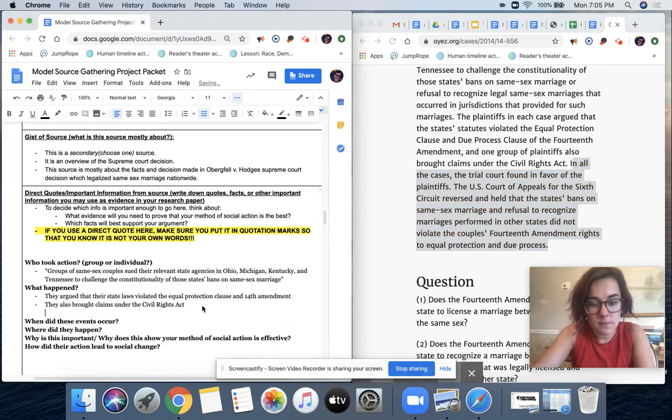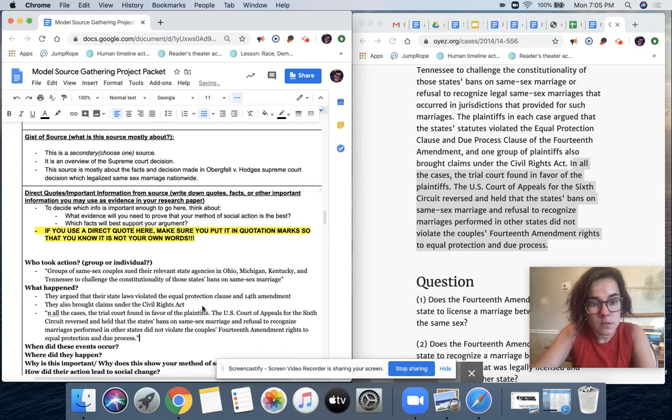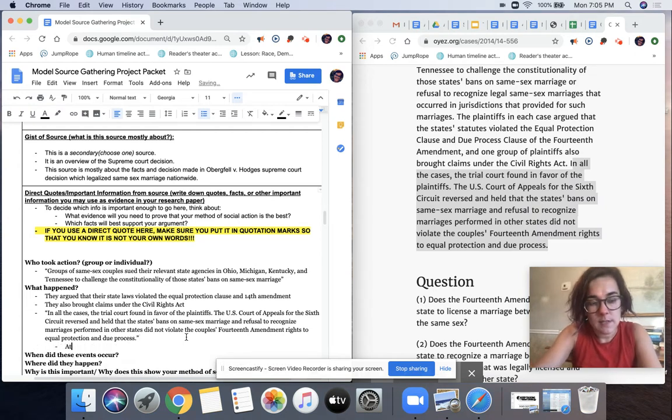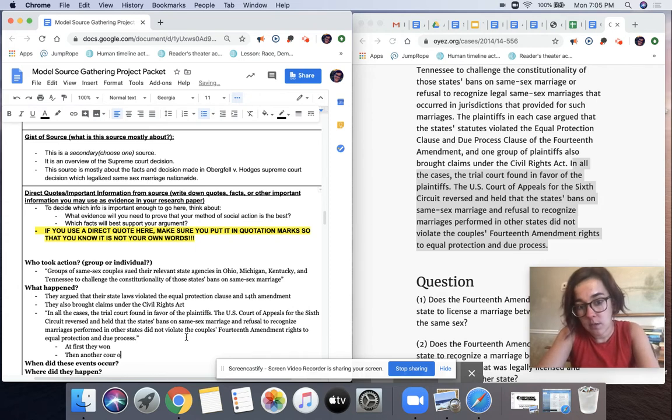They found in favor of the plaintiffs. That's first what happened. So I might even want to put that in my own words to make sure I understand it. At first, they won. Then another court overturned it. And it went to the Supreme Court.